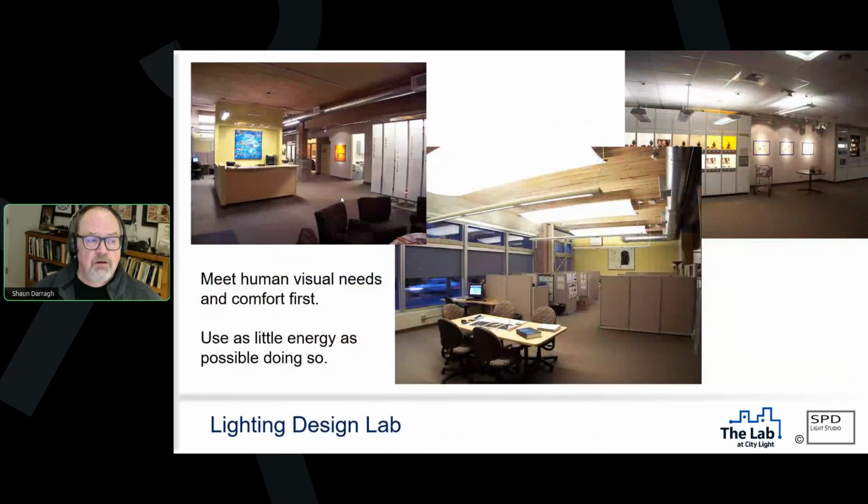Okay. Now, some of you may recognize this space. This is the old lighting design lab up on Capitol Hill after we renovated it, for several reasons I don't need to go into right now. To give you a little bit of background, the Lighting Design Lab was a 2-year pilot project that was funded by Bonneville Power Administration, started in 1980, either 88 or 89, I always forget which.